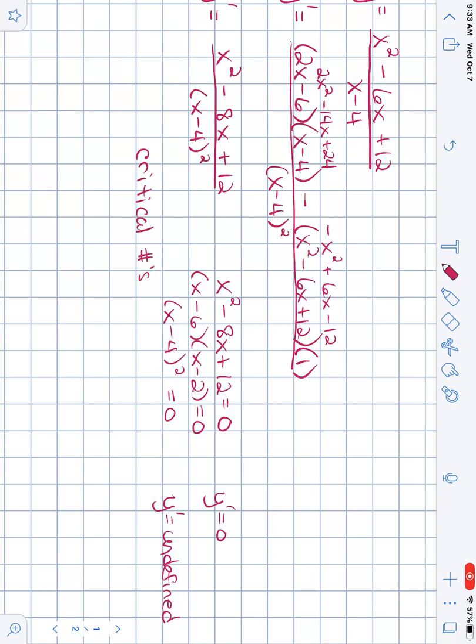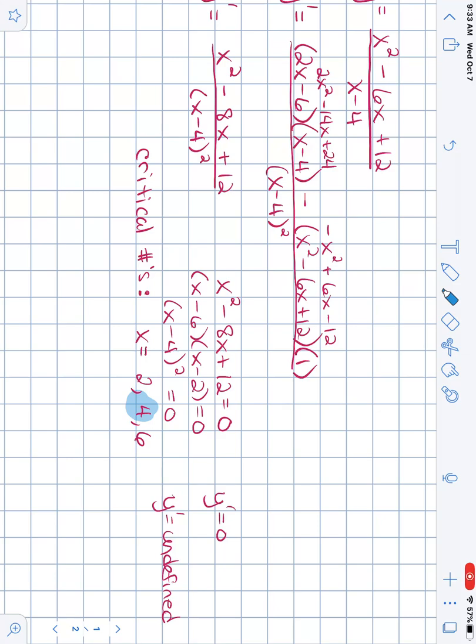So I can see from this then that I have 3 critical numbers, 3 places where we have a potential min and potential max. Now, this isn't really realistic because we've already said up above that x equals 4 is a vertical asymptote. If 4 is a vertical asymptote, there is no way it could be a minimum or a maximum. But I'm still going to include it in my table. I know that this is not a critical number.